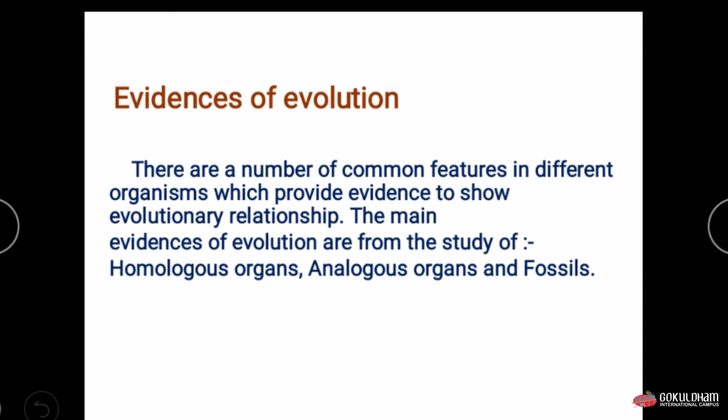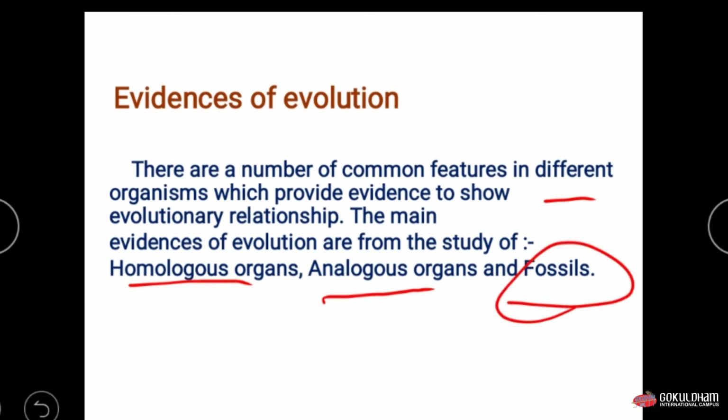So there are a number of features in different organisms which provide evidence to show the evolutionary relationship among them, which means there are certain characters or certain features present in different organisms which indicate the evolutionary relationship between them. For example, homologous organs, analogous organs, and fossils.